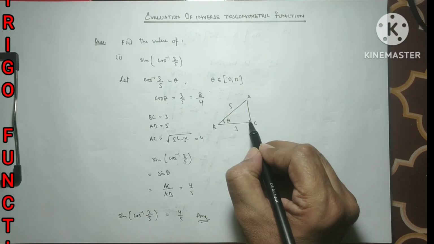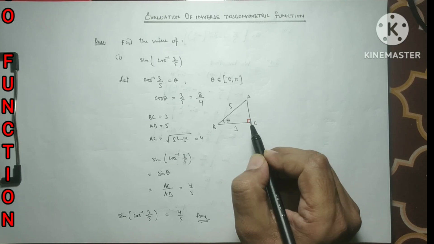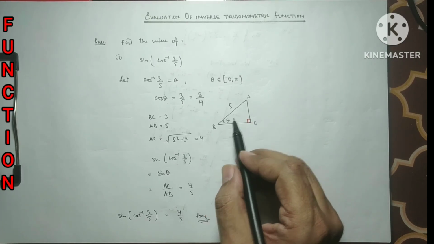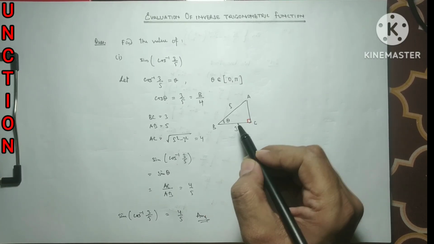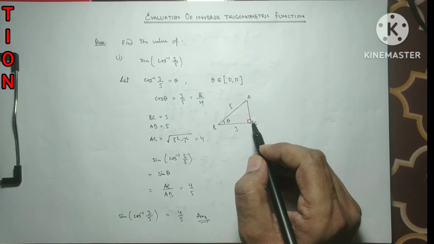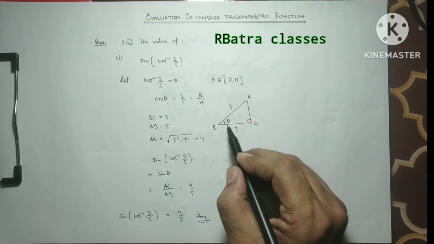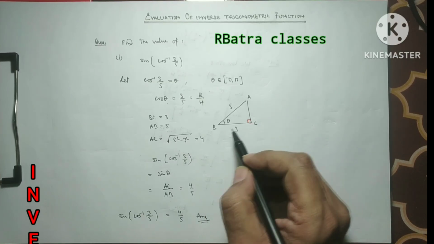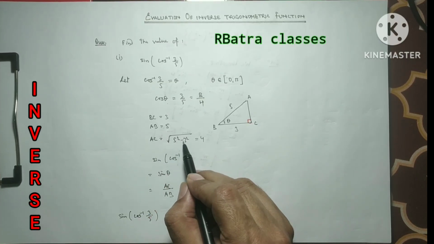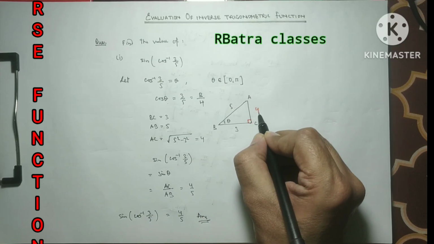So we will draw a right triangle in which base and hypotenuse are 3 and 5 like this. So we will collect the perpendicular. So BC is 3, AB is 5 and AC will be under root 5 square minus 3 square, that is 4. So it is 4 right now.